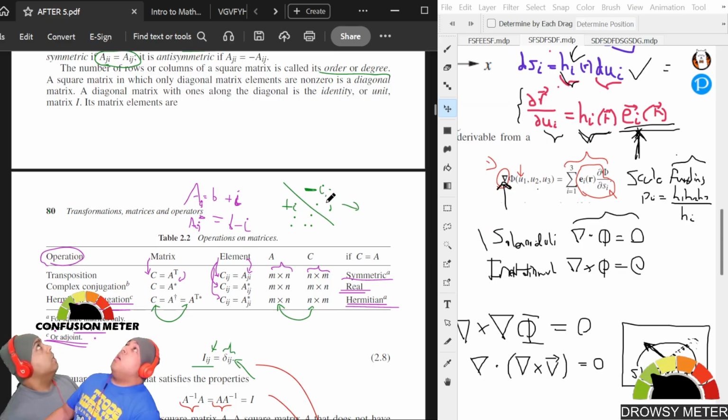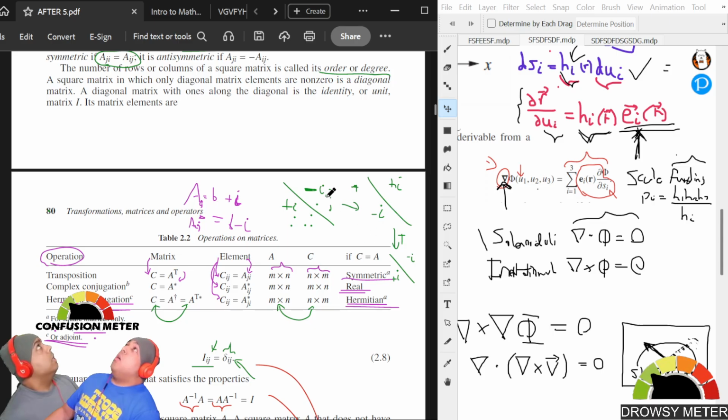After conjugating, this guy became plus i, this guy became minus i, and now we're transposing it. This guy became minus i again, this guy became plus i again.